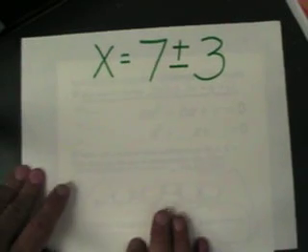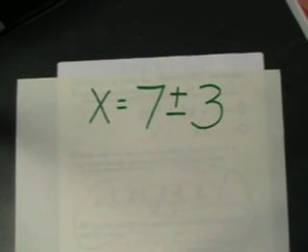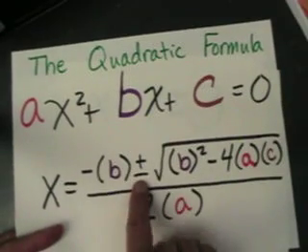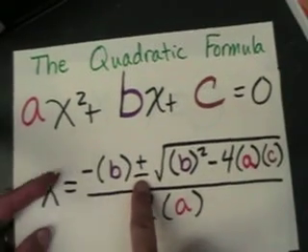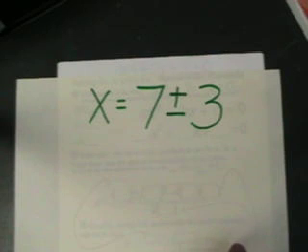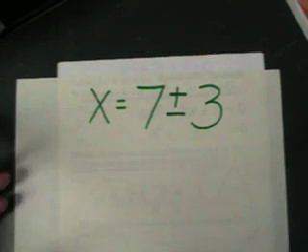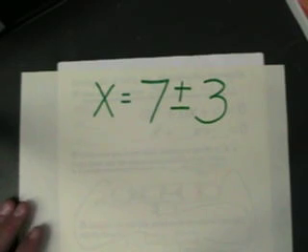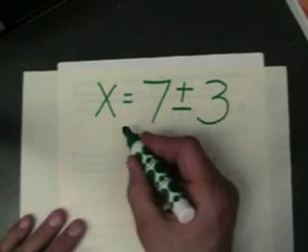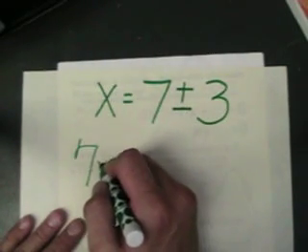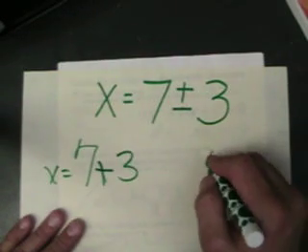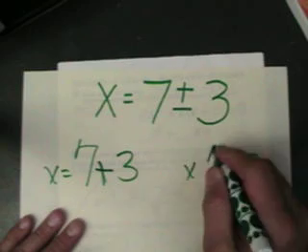Okay, one of the most confusing symbols in the quadratic formula is right here, plus and minus. This is a shorthand in mathematics and algebra to show you that this is actually two different problems. Okay, this is 7 plus 3, and it is 7 minus 3.